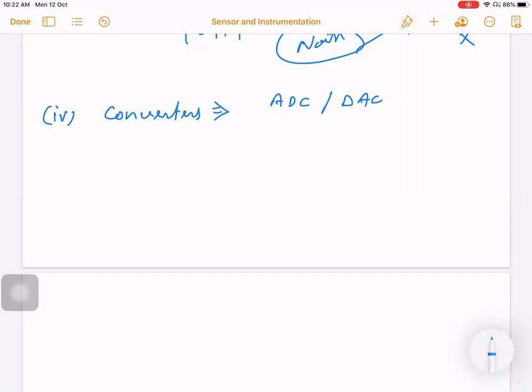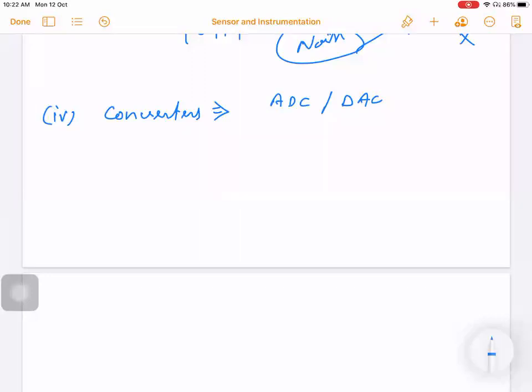Okay, now we want to convert this signal into digital because you have already added the processor. Whatever processing has to be done, it is done by the processor. So where will the input data go? The output of the sensor will go for further processing as an input to the microprocessor and microcontroller. And the microprocessor and microcontroller are digital, so they will understand only 1 and 0.